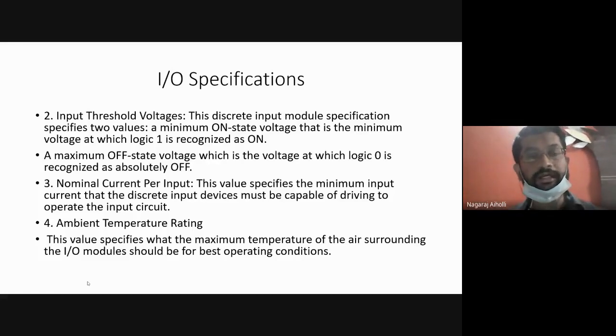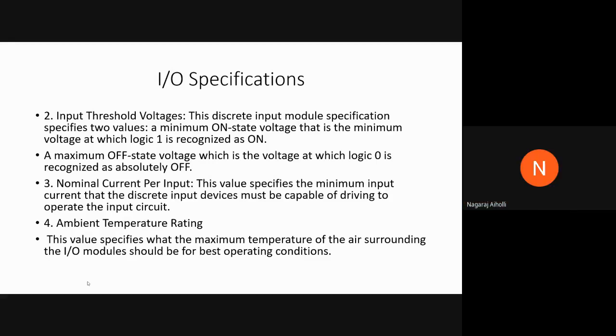Next is nominal current per input. This value is the minimum input current. Again, it's the minimum input current that the discrete input devices require to operate the input circuit. How much minimum current is needed by the input circuit that the discrete input devices are capable of applying to it?